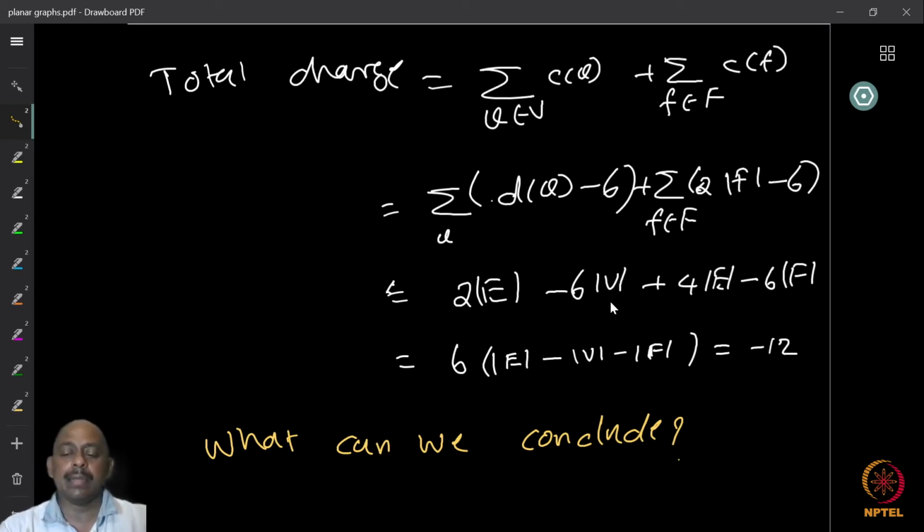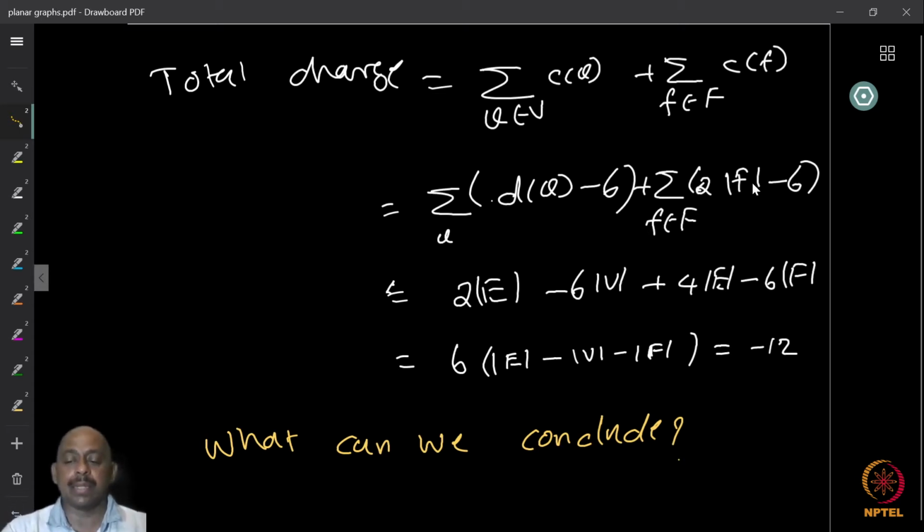Now, similarly, for faces, an edge is incident to at most 2 faces. So if you sum the lengths over all the faces, you will get at most twice the number of edges, 2e.